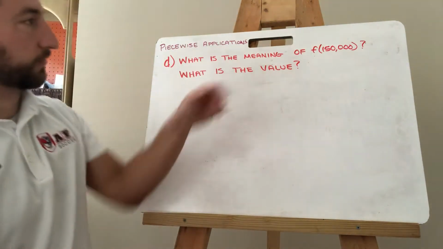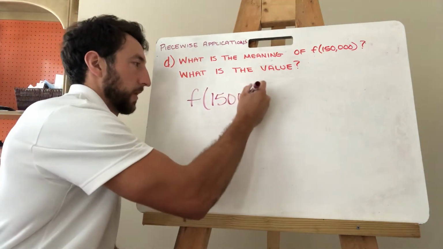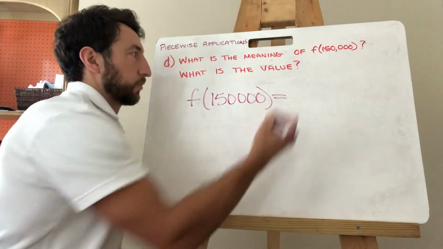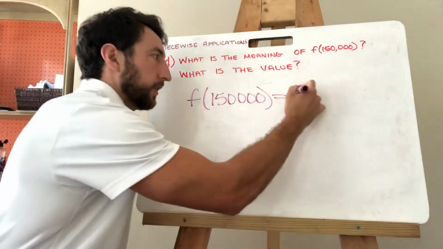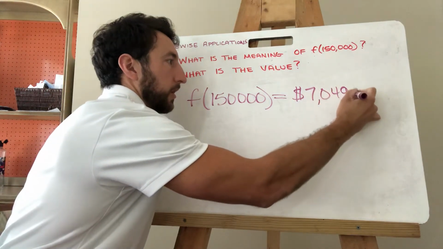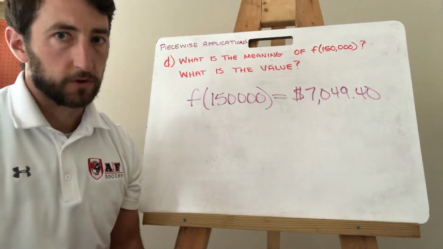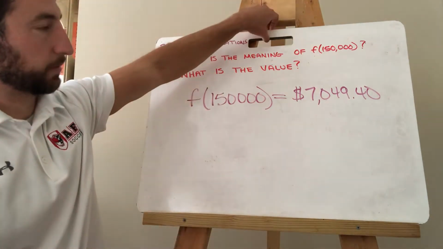So to find this value, we just say f of 150,000 is equal to $7,049.40. So that is piecewise applications for that.